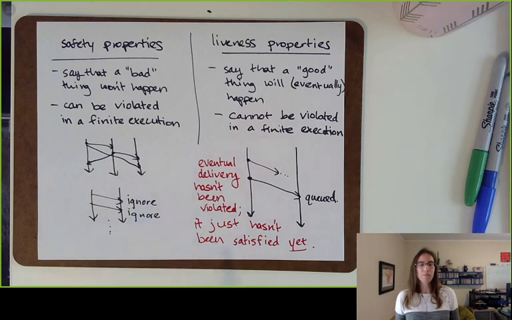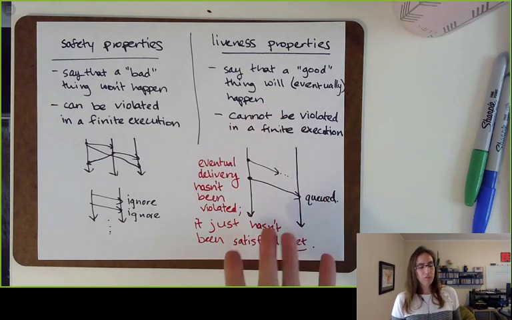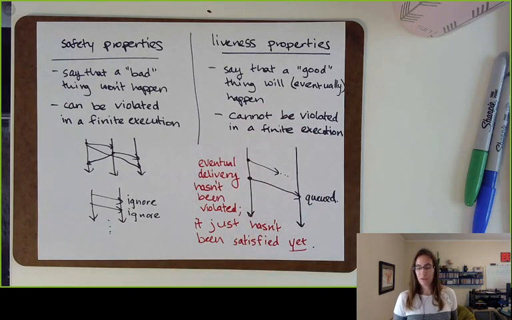So safety by itself is pretty useless. Now, liveness by itself is also pretty useless, and we'll talk about that more later on. So really, what you want in any given system is both a safety property and a liveness property, depending on the system.